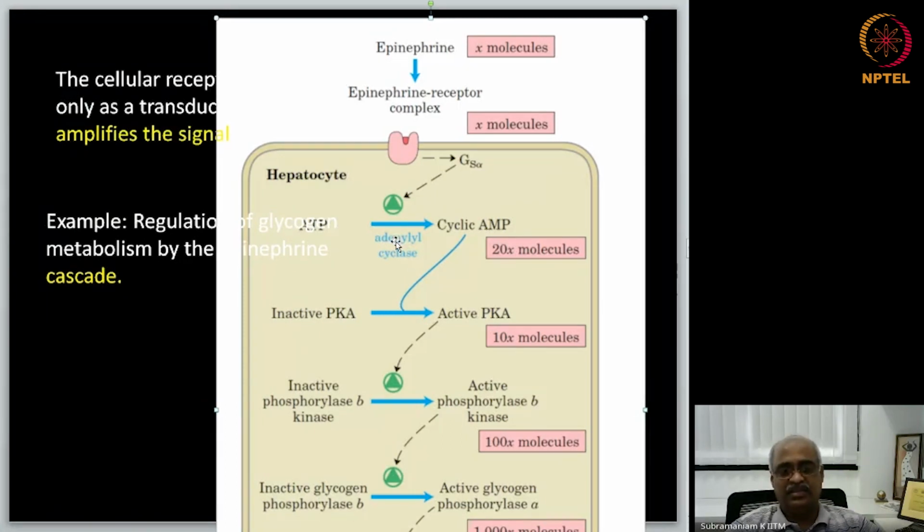adenylyl cyclase. And that in turn, each one of these cyclic AMP is going to activate a protein kinase, okay, inactive to active. And let us say they end up producing 10. And they go and activate and phosphorylate inactive phosphorylase B to active phosphorylase. So this is involved in glycogen metabolism.